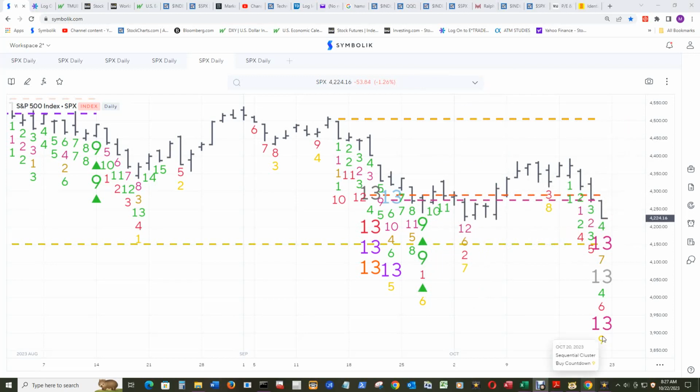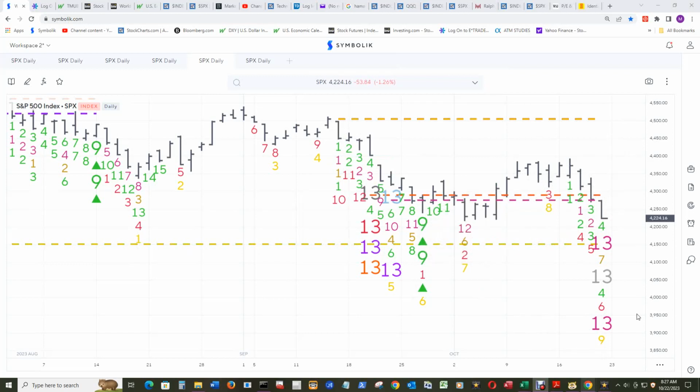could possibly be negated here, as the sequential cluster buy countdown started back here in August of '18 and has not had a sell setup count 9 end count print anywhere since then.